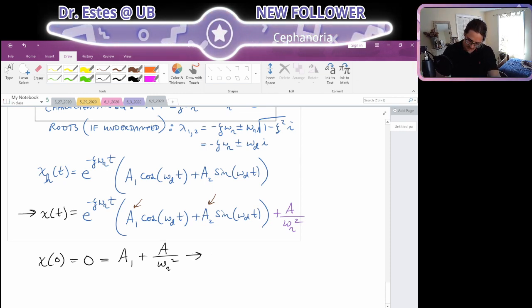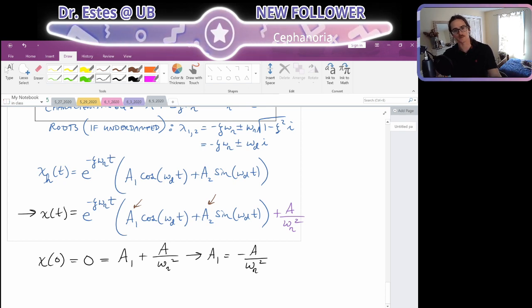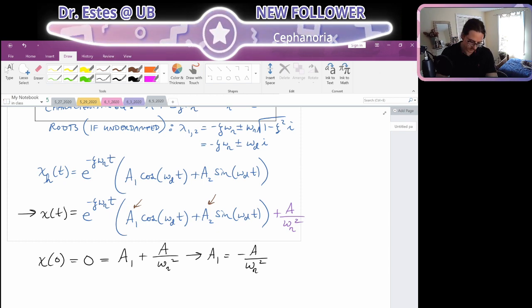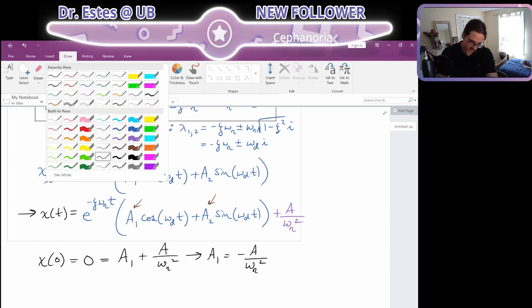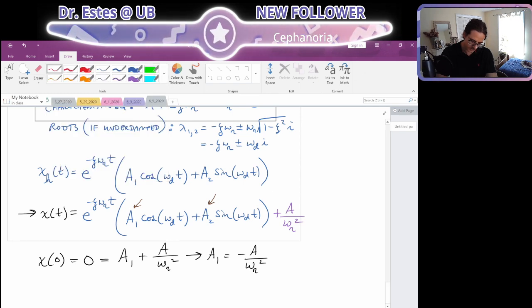So that means this coefficient a1 is minus a over omega n squared. And remember, a is just the amplitude of the step input to our system. I'm going to box this.